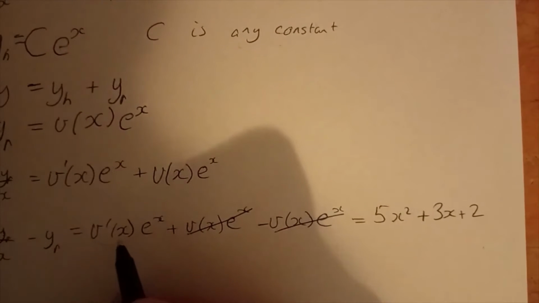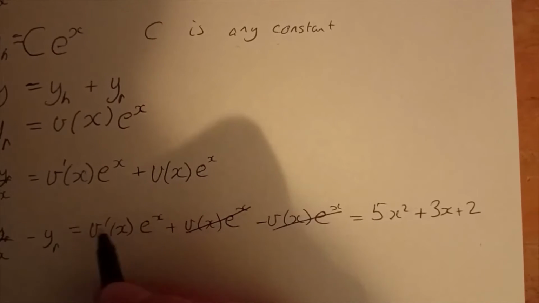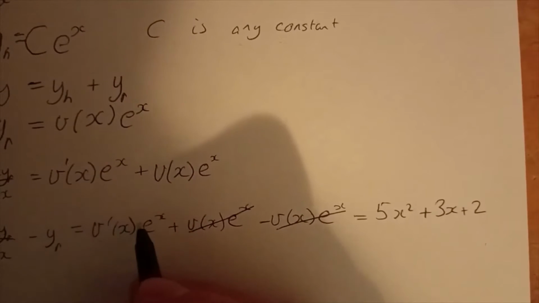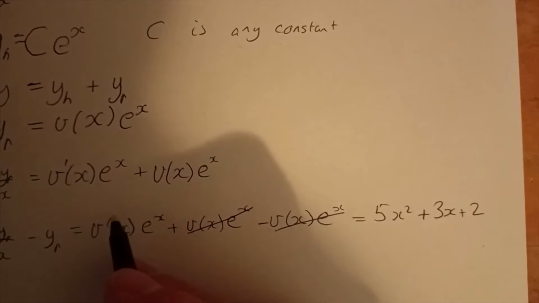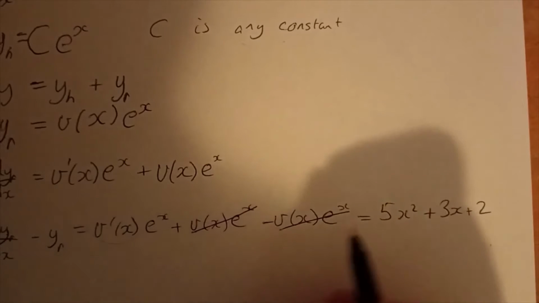Which is useful because now we can solve for this v of x. You can see we've got the v prime of x here, the derivative of v with respect to x, times e to the x equals this term here.